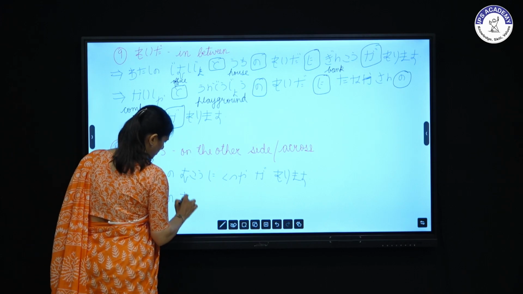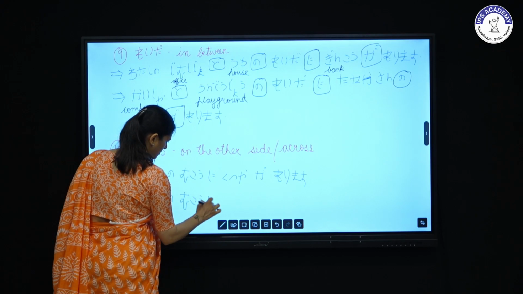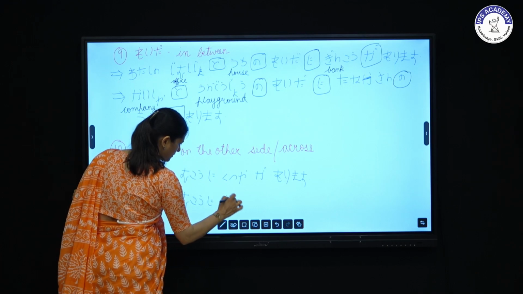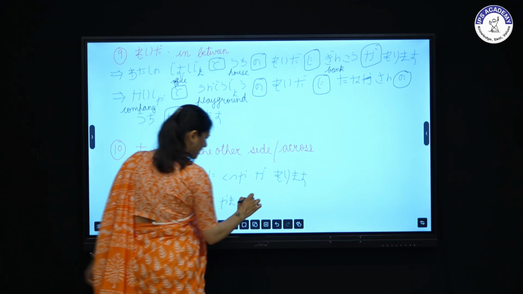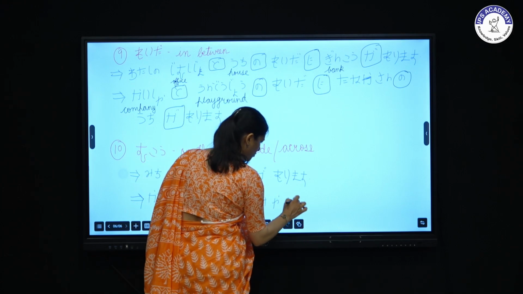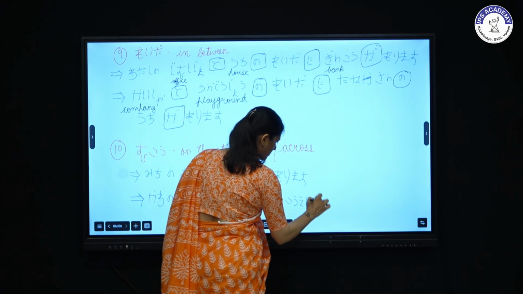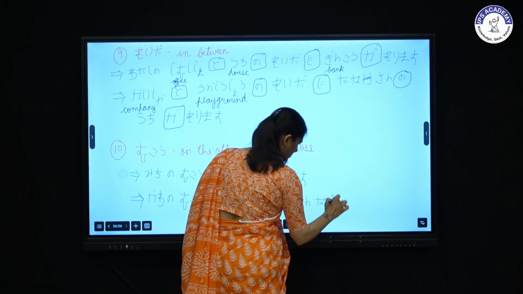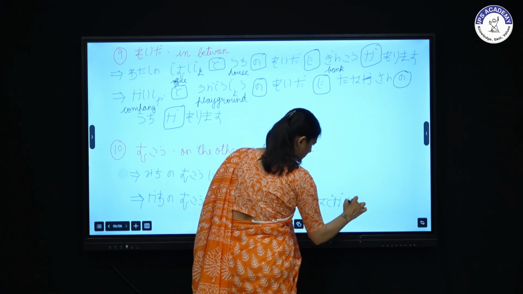Kawa no mukou ni yama ya ike ya kouen nado ga arimasu.